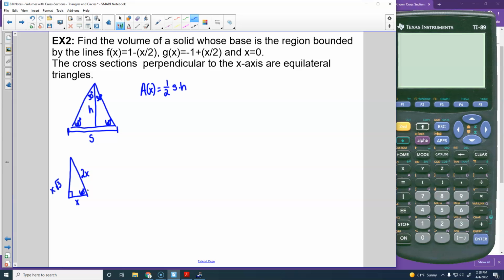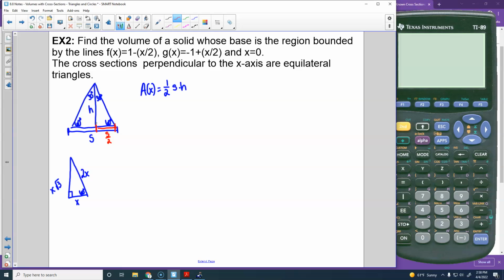Okay? So, what you really need to know for a 30, 60, 90 triangle is this shorter leg. What could we call that shorter leg? If this whole side is S, what's this side going to be? It's half of S, so I'm going to call it S over 2. Then, what would I have to multiply it by to get the height?